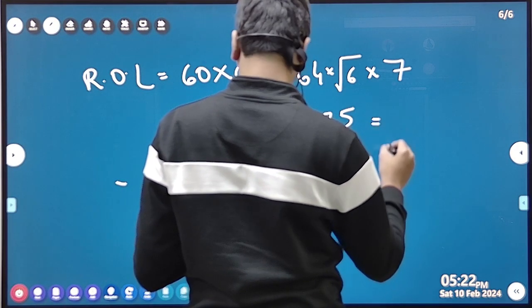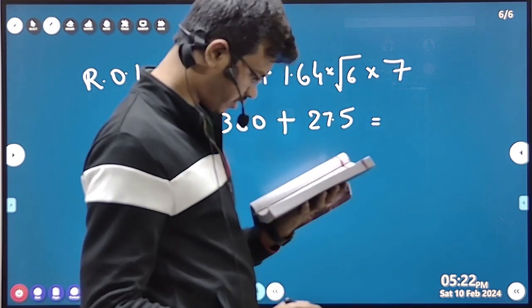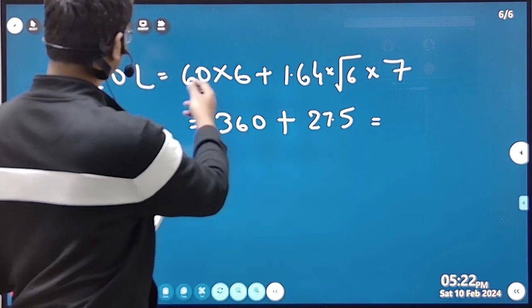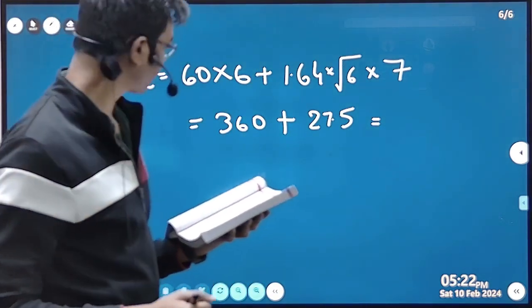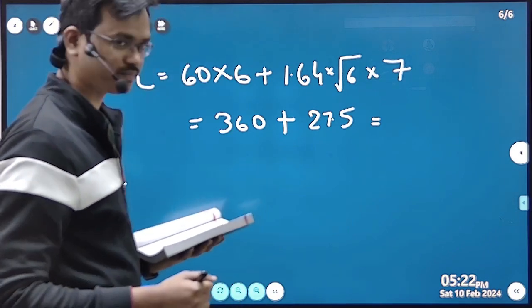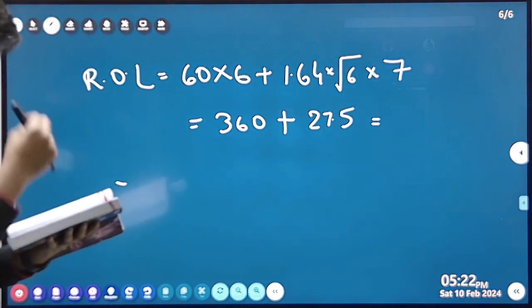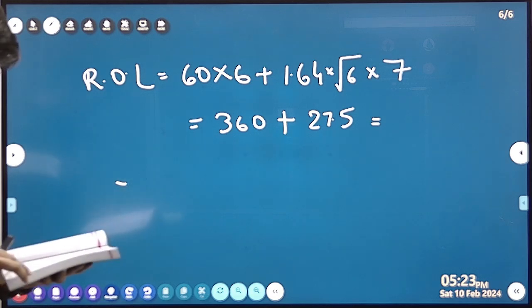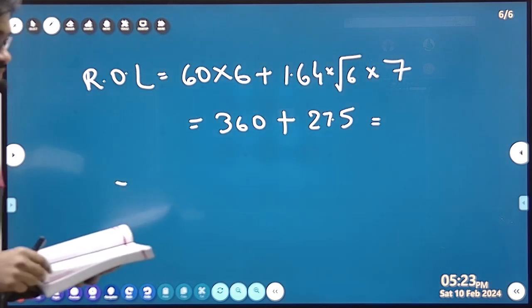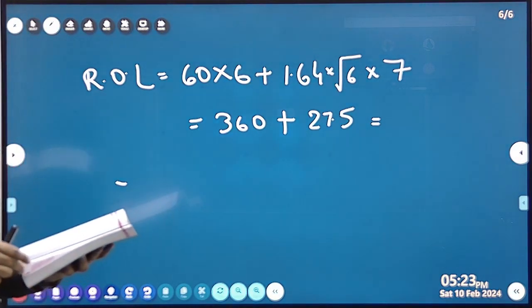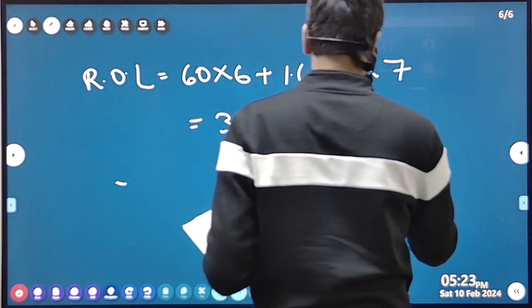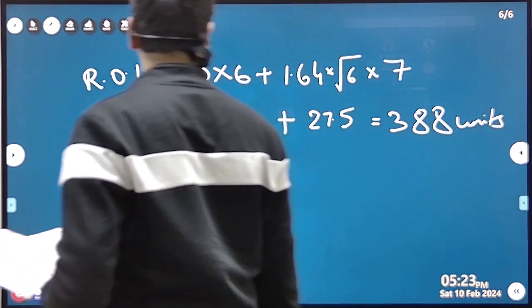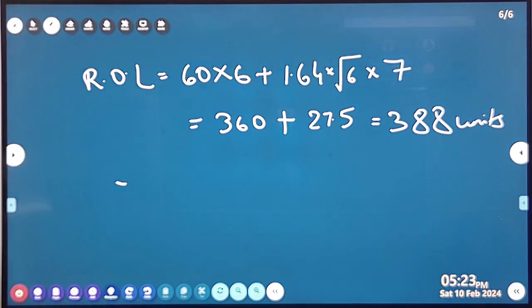He says the sum is 188, but it cannot be 188, right? It is 388. So the reorder level is 388 units.